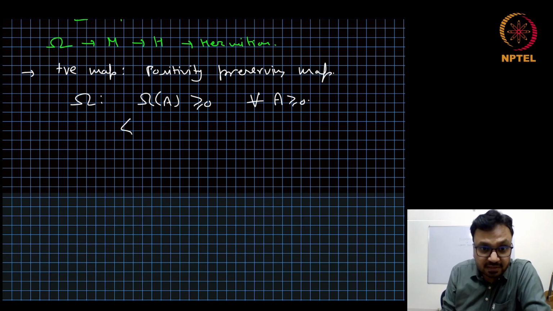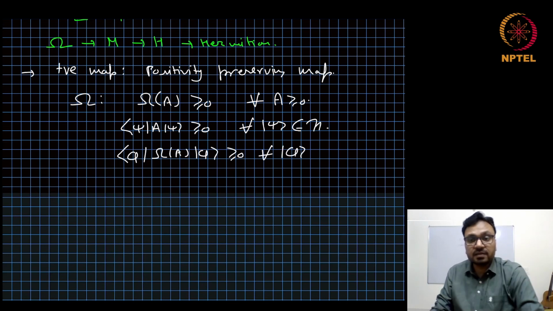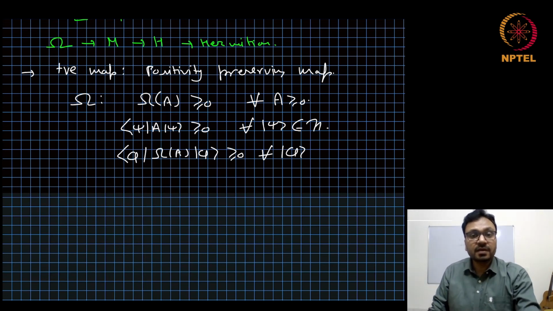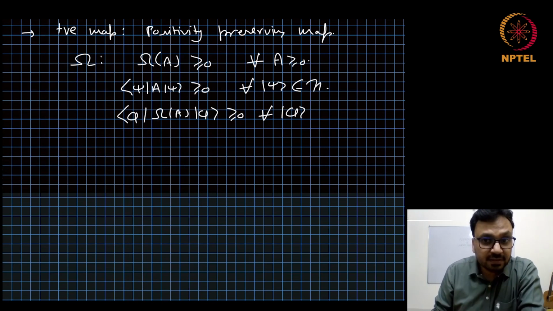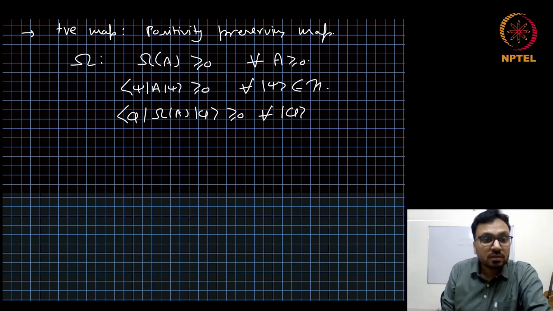The definition of positivity is that psi A psi is positive for all states psi in the Hilbert space H. Then phi omega A phi should also be positive for all phi in the corresponding Hilbert space. So if a map satisfies this condition, then it's called a positivity preserving map, or positive map for short.